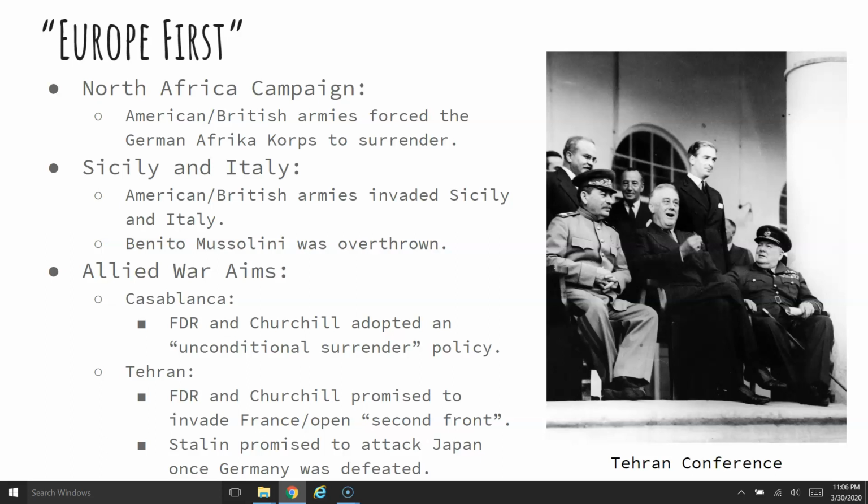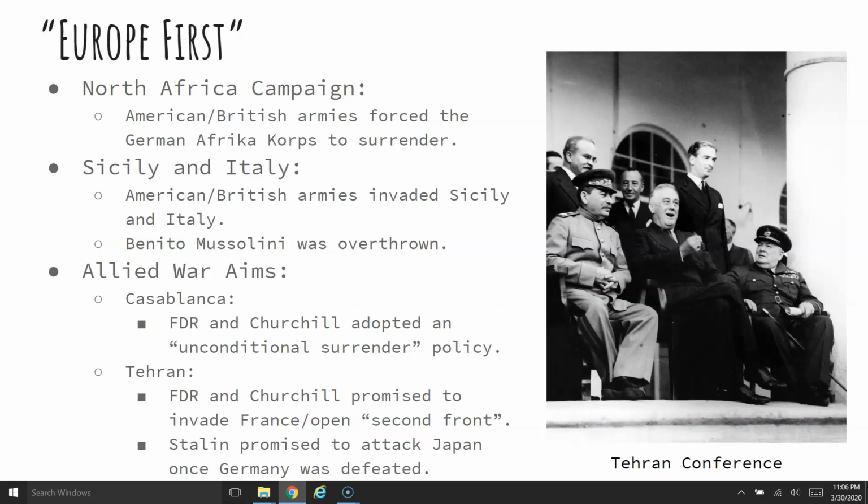When the U.S. first entered the war, President Roosevelt adopted a Europe first policy where we would focus primarily on defeating Hitler and Nazi Germany before turning our attention on Japan.